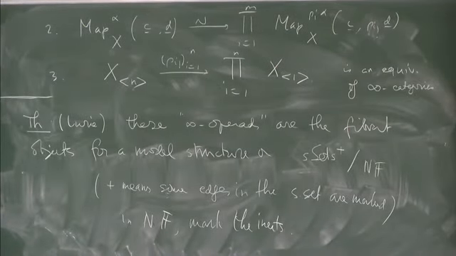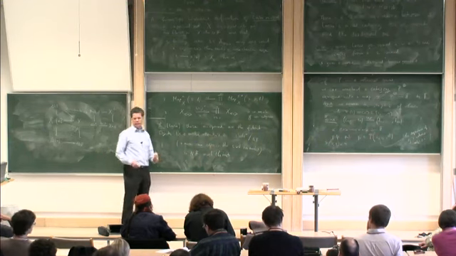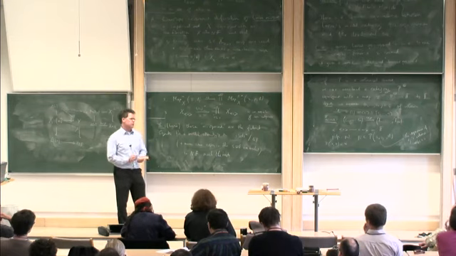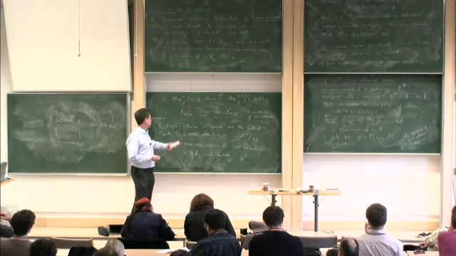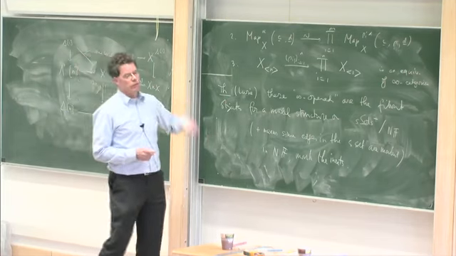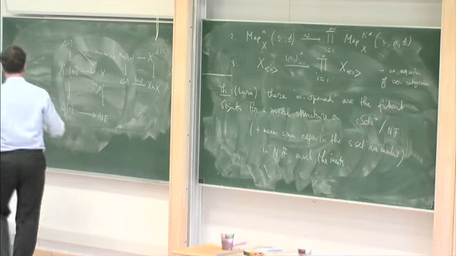So maybe one of the main sources of examples of these things is that if you start with a simplicial operad, you can take something like the homotopy coherent nerve, and if the simplicial operad is sufficiently nice, its hom spaces are Kan complexes, then this will give you such an infinity operad. Okay, so maybe I'll write this somewhere just to keep in mind.